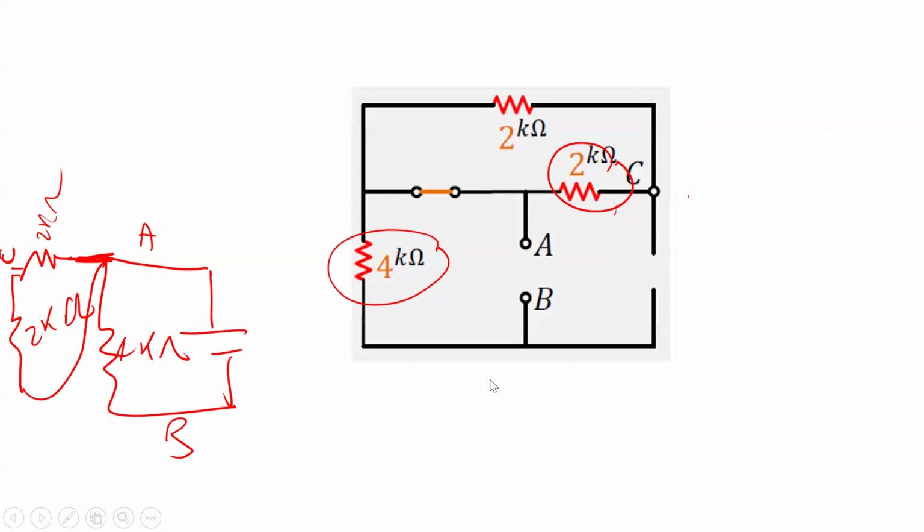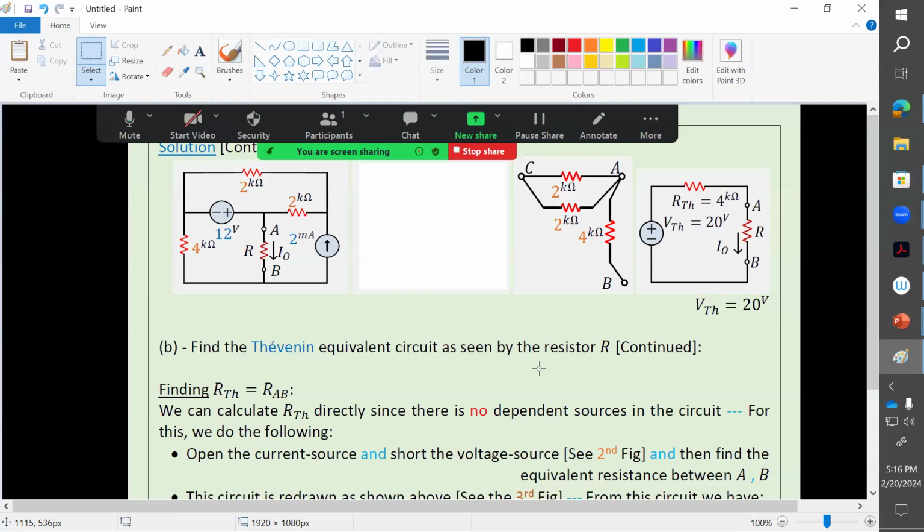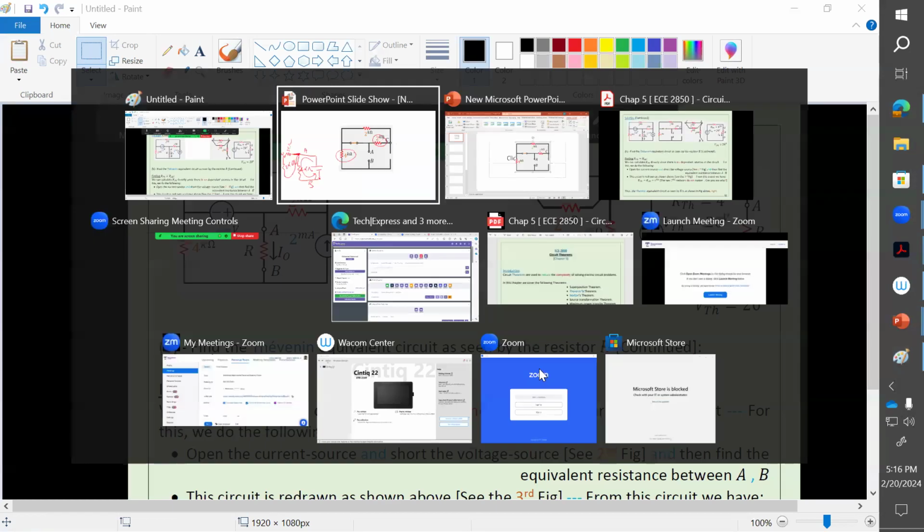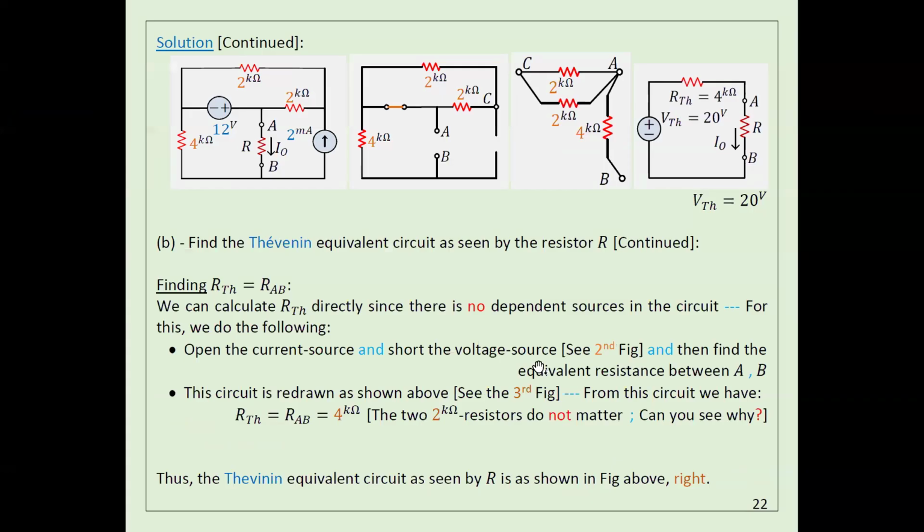So in this case, there is only one path for this current. It's going to be this way, and the resistance you will see is only 4 kilo ohm. That's what I'm explaining here; it's the same thing, we just redrew it.